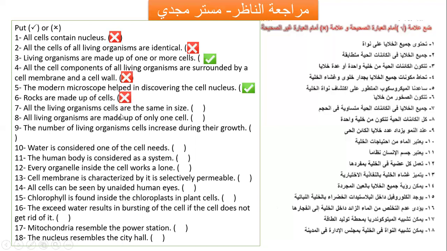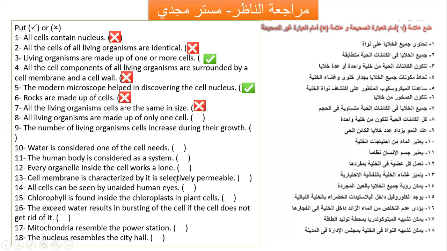All the living organism cells are the same in size? No, no. So we have seen plant cell is smaller than animal cell, and the bacteria cell is smaller than plant cell and animal cell. And we have seen unfertilized bird eggs. This is the largest cell you can see with your naked eye. So all the cells have the same size?